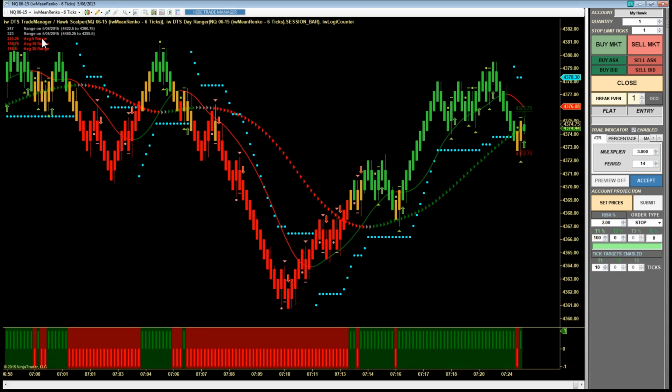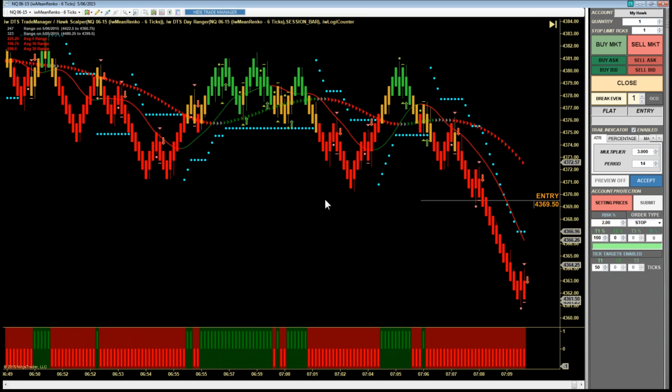So it also enables me maybe to set profit targets or stop losses. Let's say I want to go for 20% of the daily range as a profit objective. Well, if I know the daily range is around 250 ticks, well then I can go with a $50 or 50 tick target. I'm sure we would have hit one of those today. Let's see. 50 tick target.